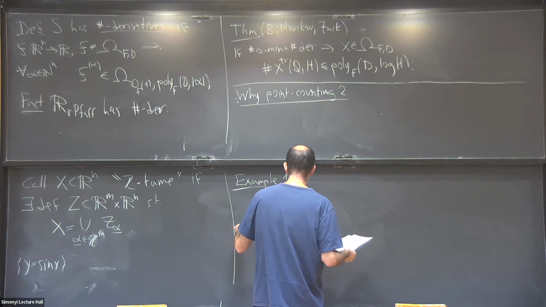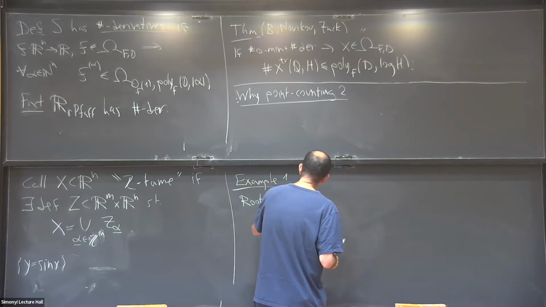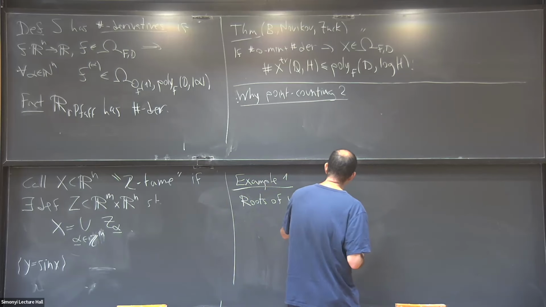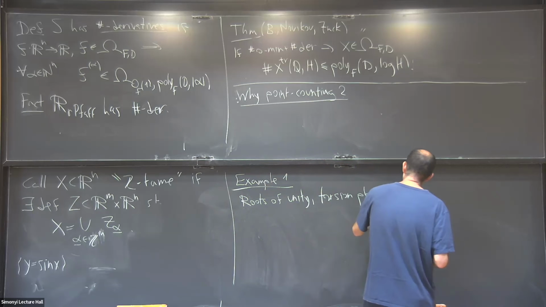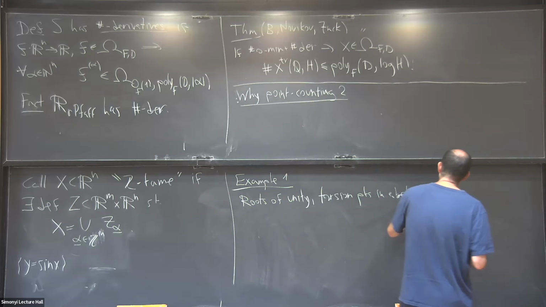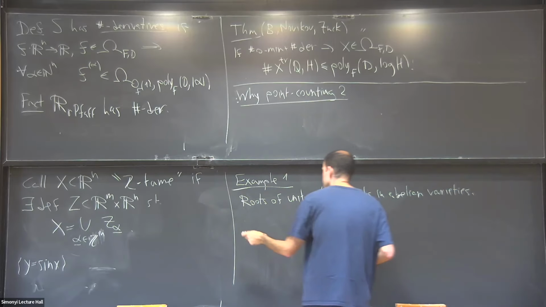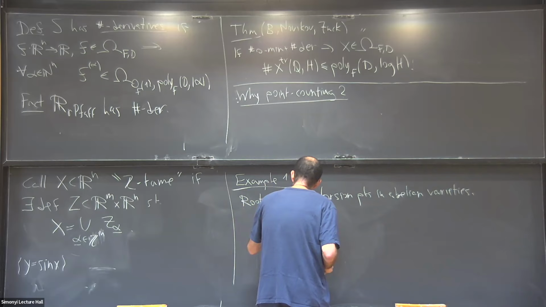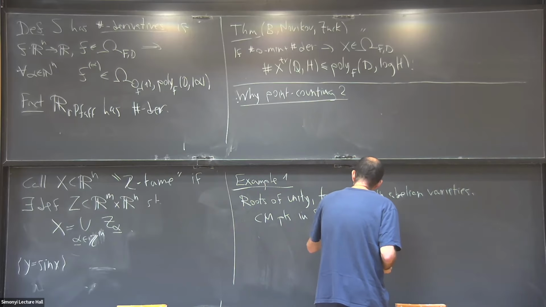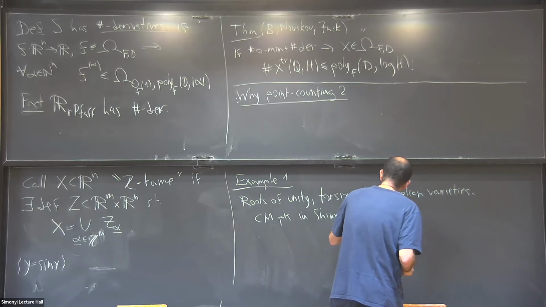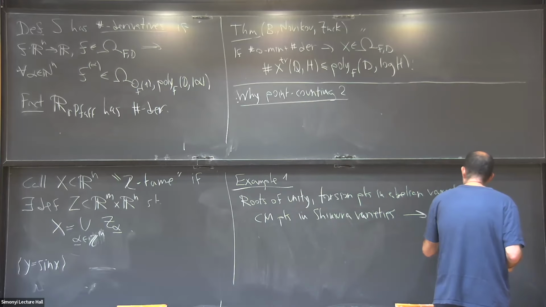So, for instance, roots of unity, torsion points in abelian varieties, and CM points in Shimura varieties, if you know what they are, are all Z-tame.